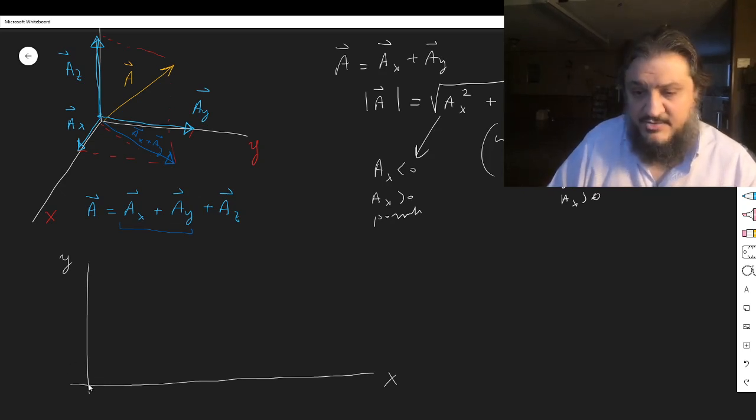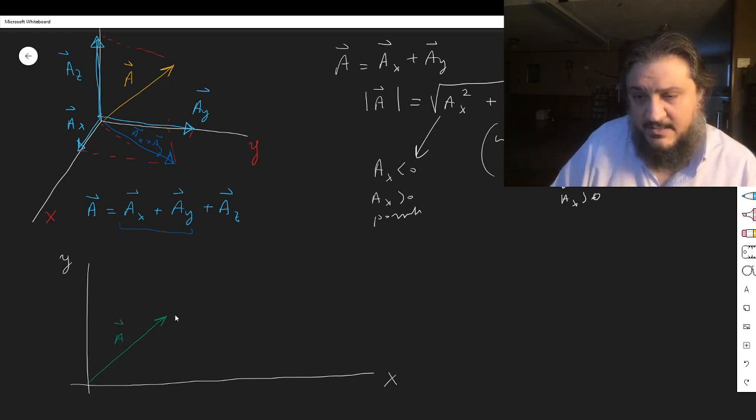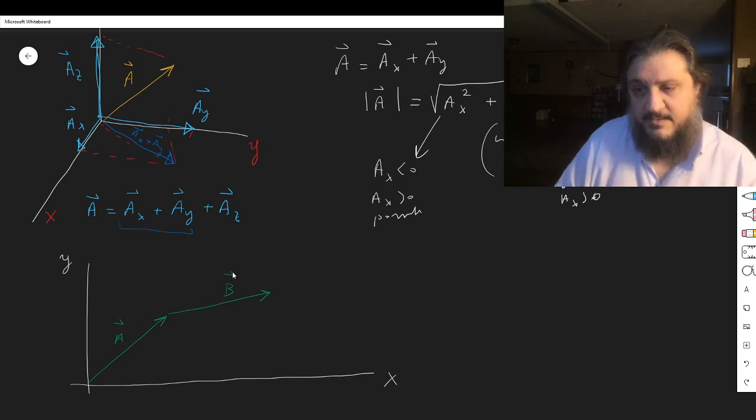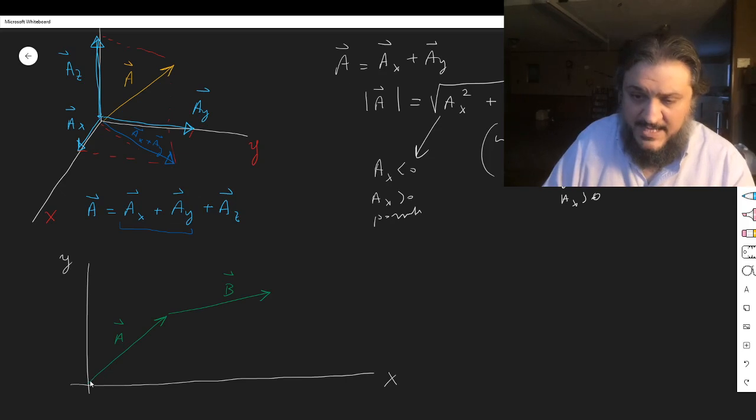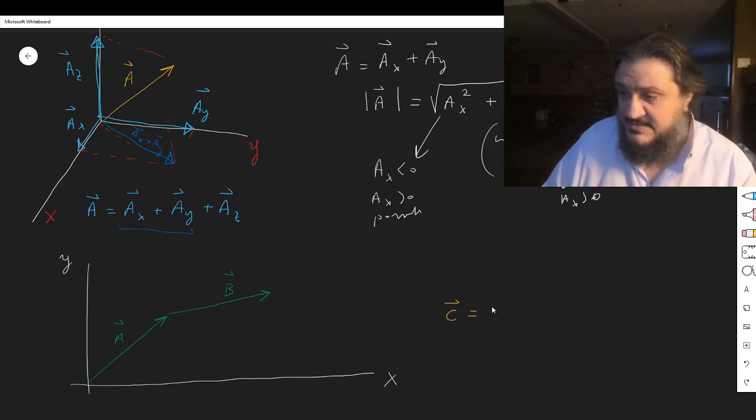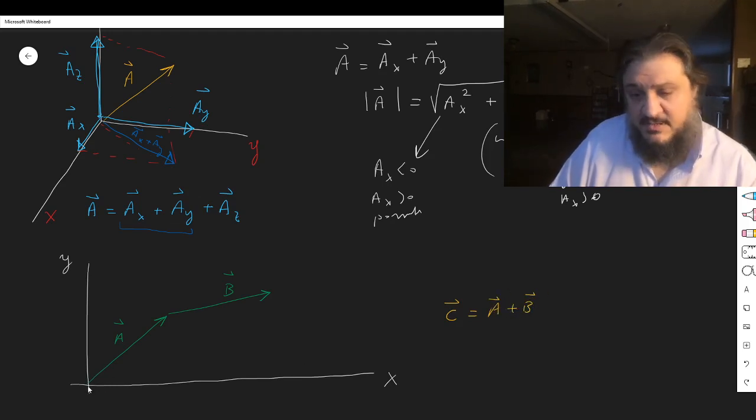I'm going to draw them already lined up like this, A and then B. From the rule from video part 1, we know that A plus B, which you can call C, so let's write here, C is defined as A plus B. C will start from the origin just like A, but it'll point at where the tip of B is. So this will be your A plus B, which is C.